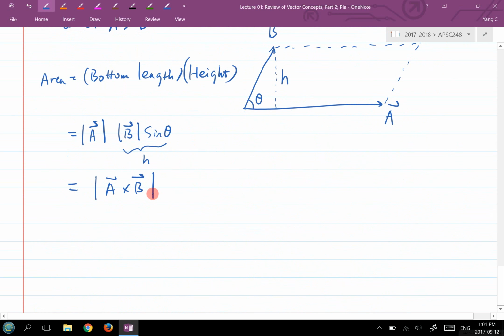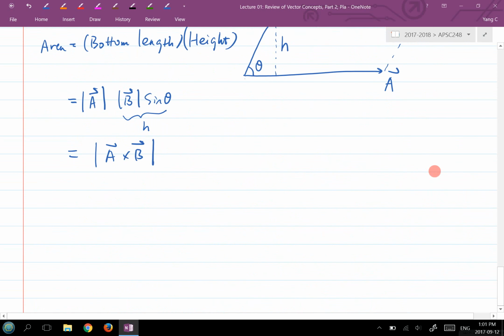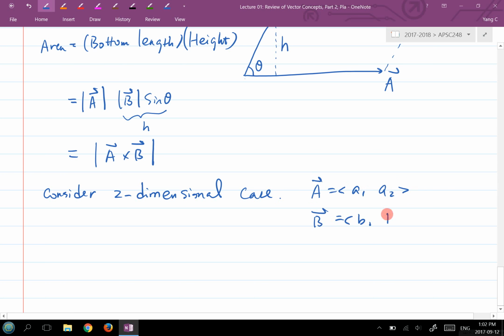To extend this a little bit, let's consider a special case: a two-dimensional scenario. Two-dimensional means your vector A will only have two components, and your vector B will also have only two components.